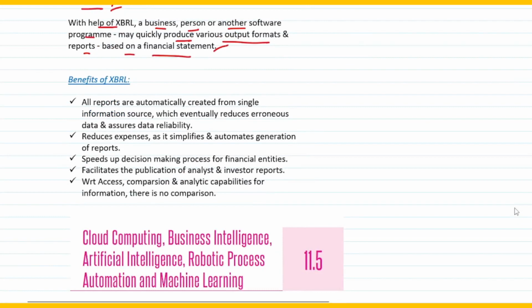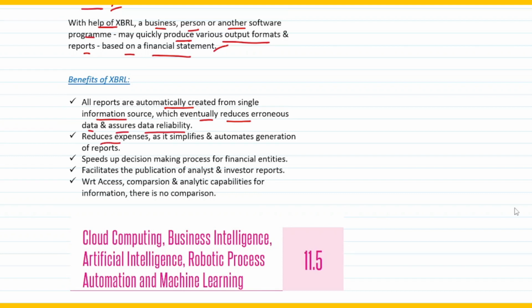Finally, in this chapter, we'll be talking about the benefits of XBRL. First of all, reports are automatically created, right? So automatic creation is one of the benefits of XBRL, from a single information source, which eventually reduces erroneous data and assures data reliability. Erroneous means inaccurate or incorrect data. So you can trust the data.